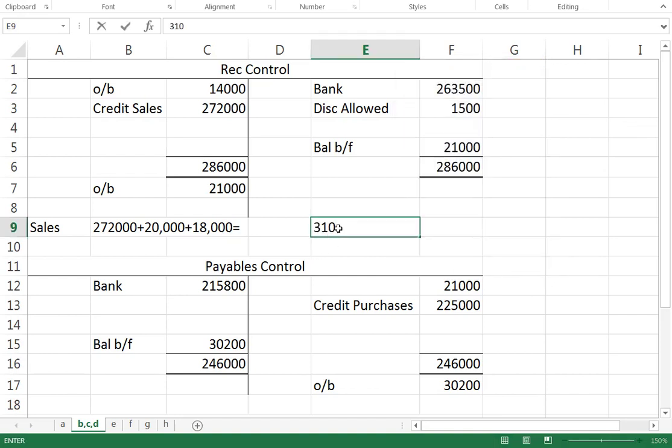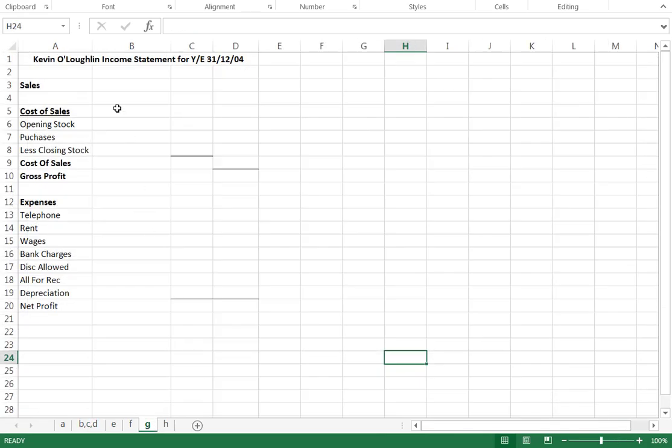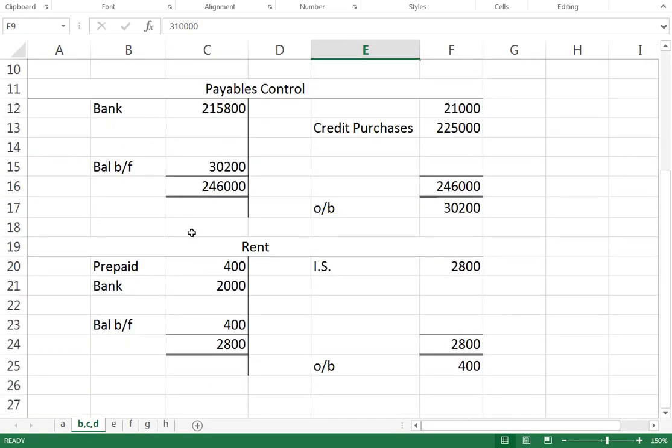So 310,000 is our total sales. So let's see, we had our credit sales of 272, we have our balance of 21,000, and we have total sales of 310. So let's go off and see where we need to put those. Total sales of 310 there, 310,000.